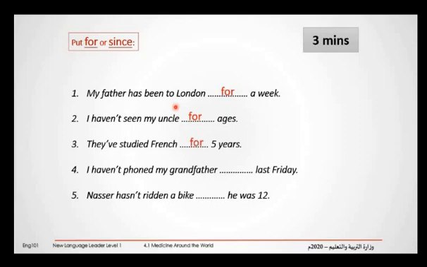Number 3. They have studied French for 5 years. And number 4. I haven't phoned my grandfather since last Friday. And number 5. Nasser hasn't ridden a bike since he was 12.